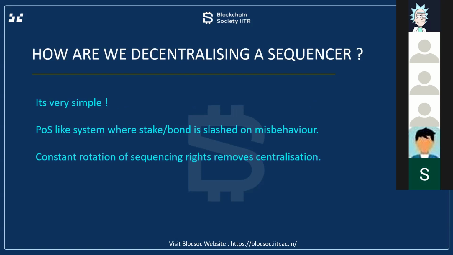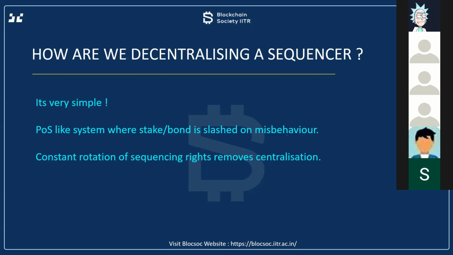So how are we decentralizing a sequencer? What I discussed is very simple: a POS-like system where a group of sequencers will stake or have bonds. They can stake their ETH, or they can stake the bonds they have, and for any malicious activity the stake and bond will be slashed, and any reward that they would be getting can be snatched away from them.